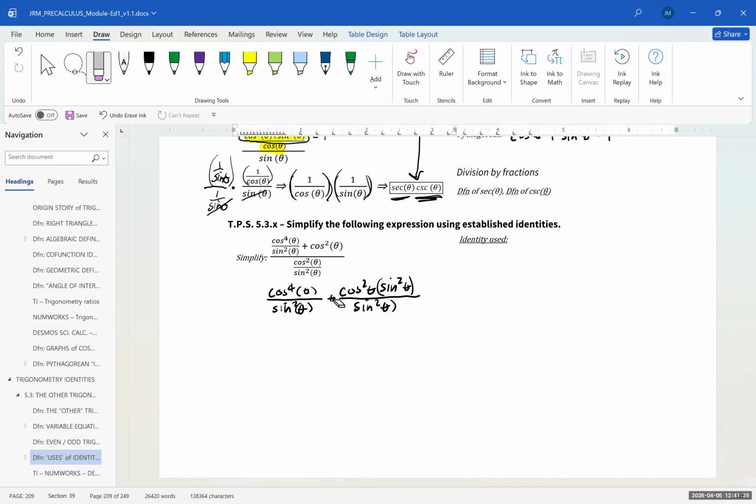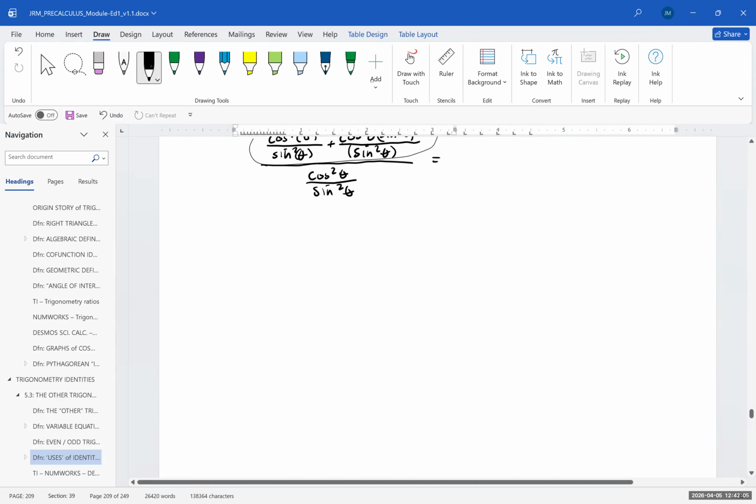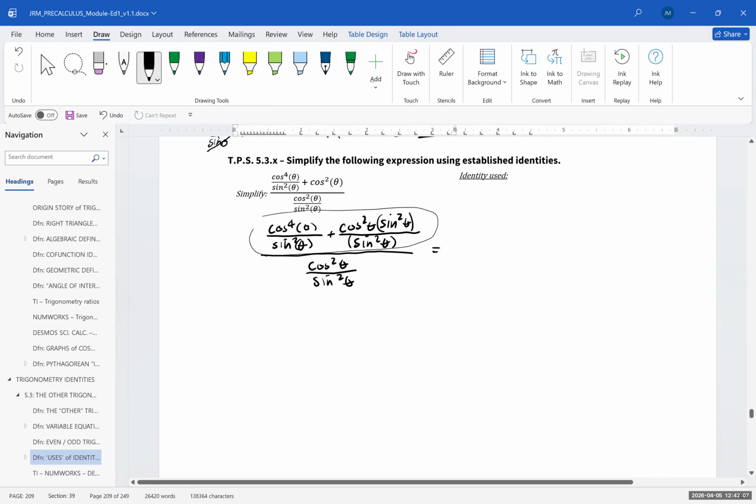This hasn't changed. All right, so here in the numerator, we have a common denominator. So now I'm going to go ahead and combine those. I do have room going down, so let me go ahead and go down for now.